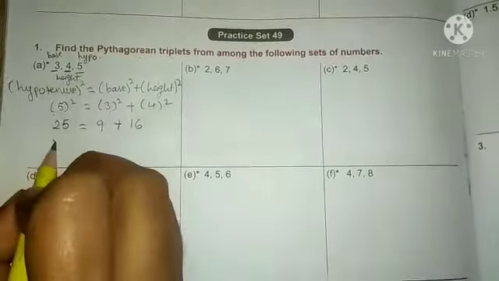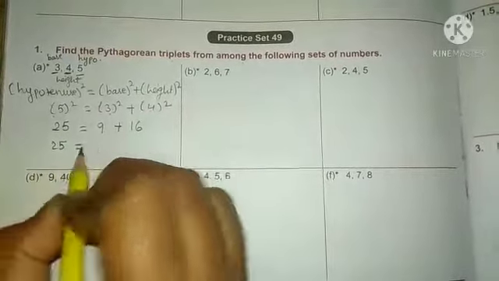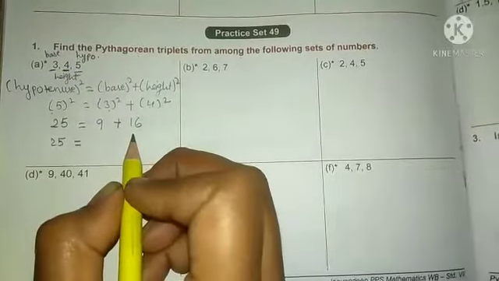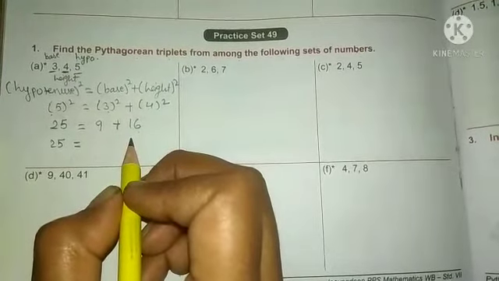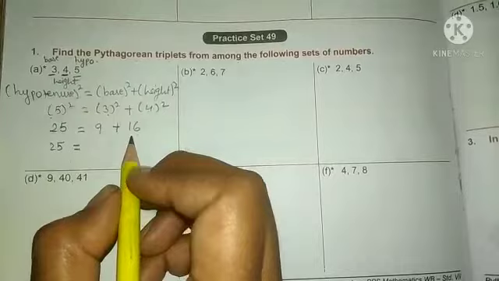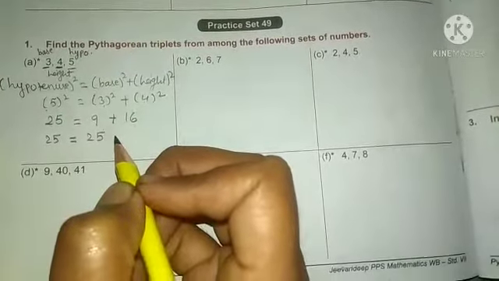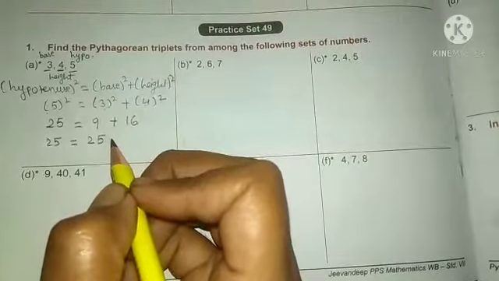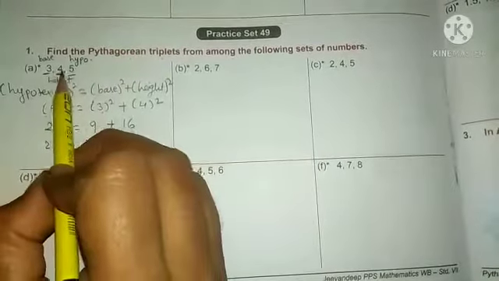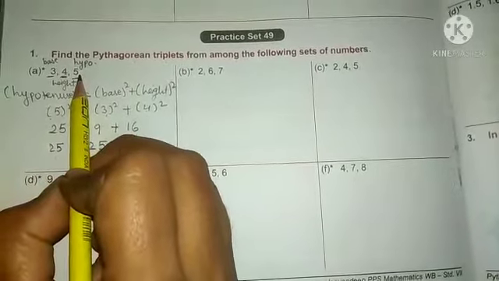Now this 25, the hypotenuse side, will come as it is. Now 9 plus 16, what will you get over here? 9 plus 16 is 25. Clear? So what we have done over here is find out that 3 4 5 is Pythagorean triplets.